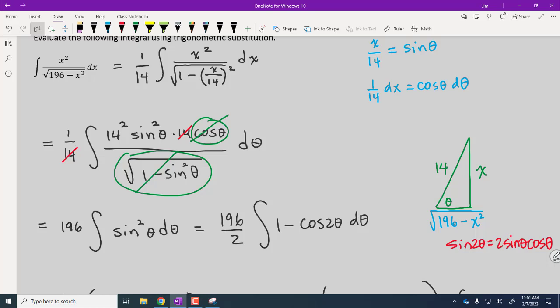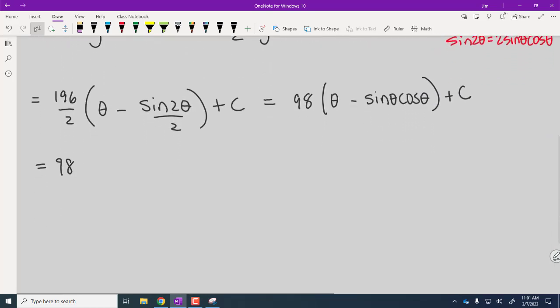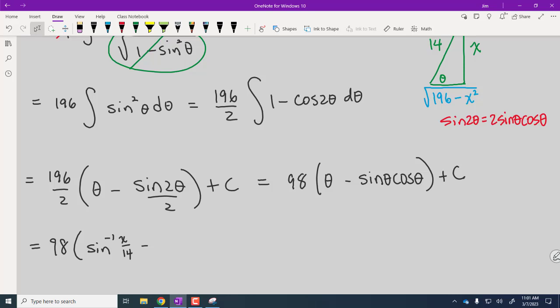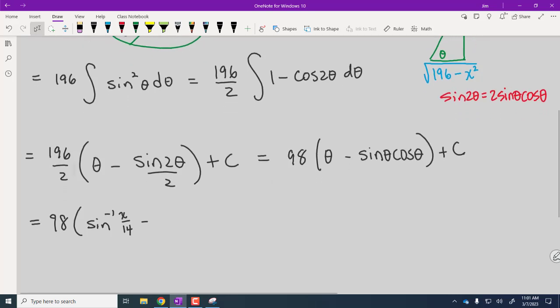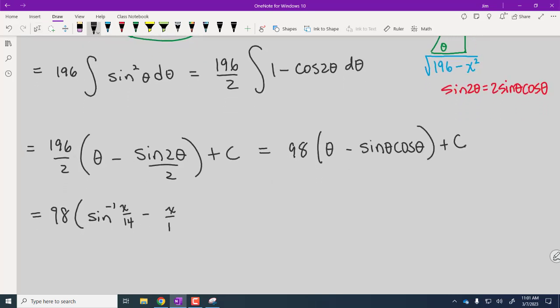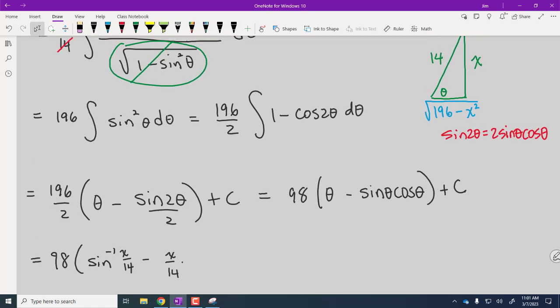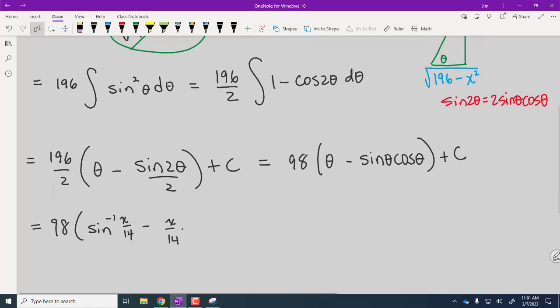So theta will be inverse sine of x over 14. And then minus sine of theta. We can look at our triangle. Sine of theta is x over 14. Cosine of theta, look at our triangle. Cosine of theta is the square root over 14.